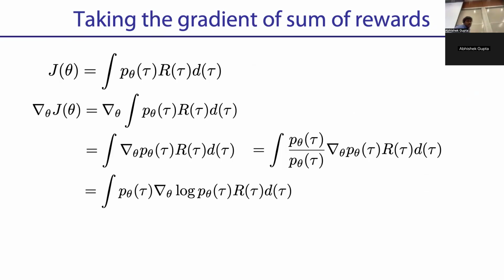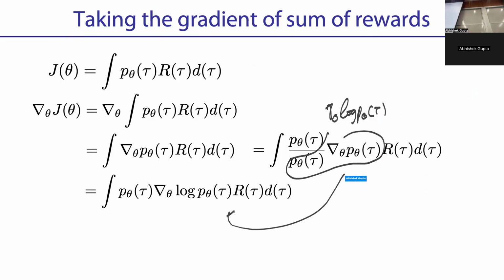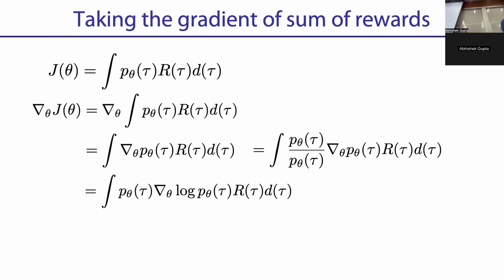So this thing becomes grad log p theta tau, and now it starts looking a lot more like an expectation. This is our P, this is our F, right? So you can write this objective as an expectation under p theta tau of grad log p theta tau times R tau.